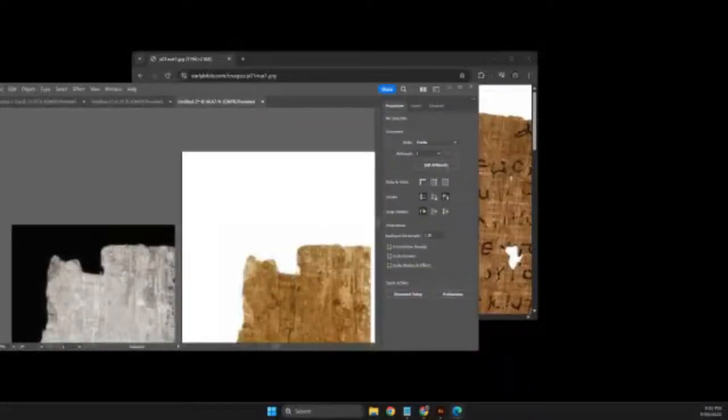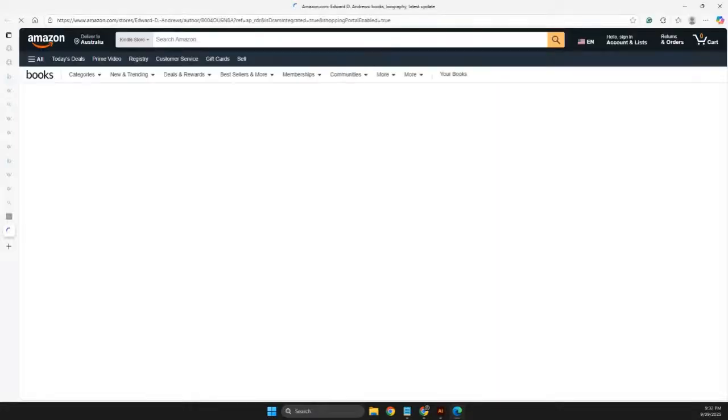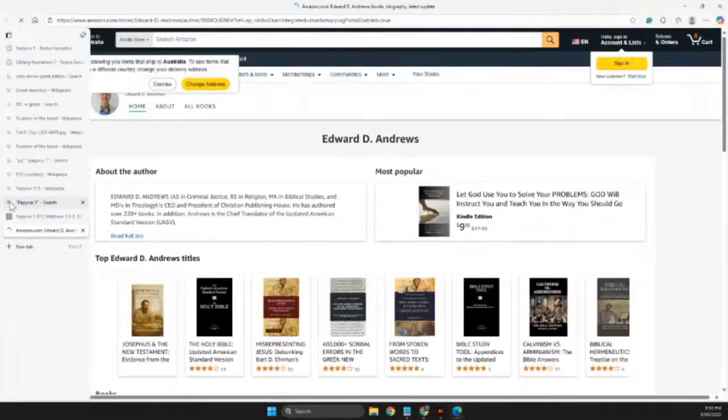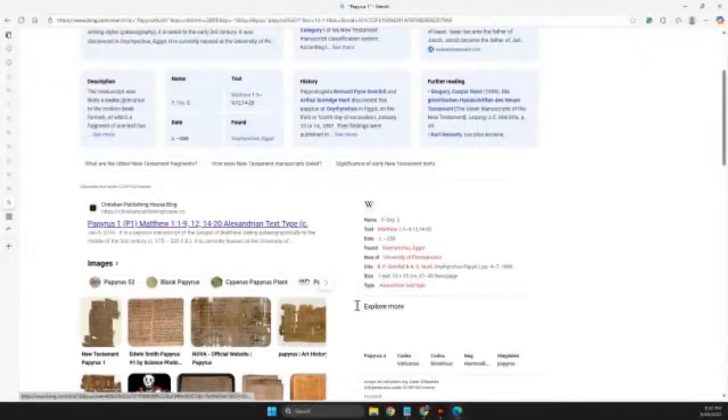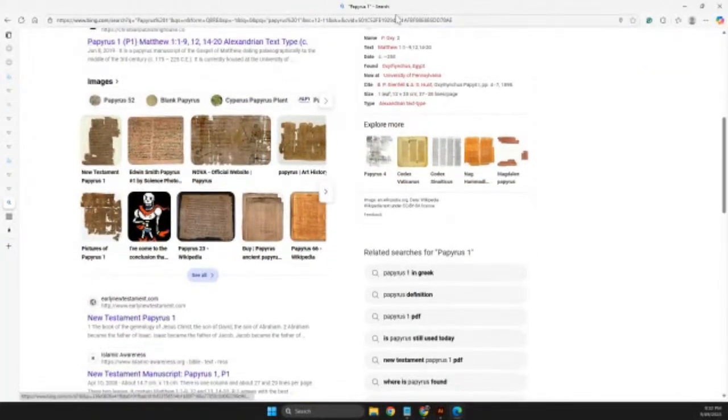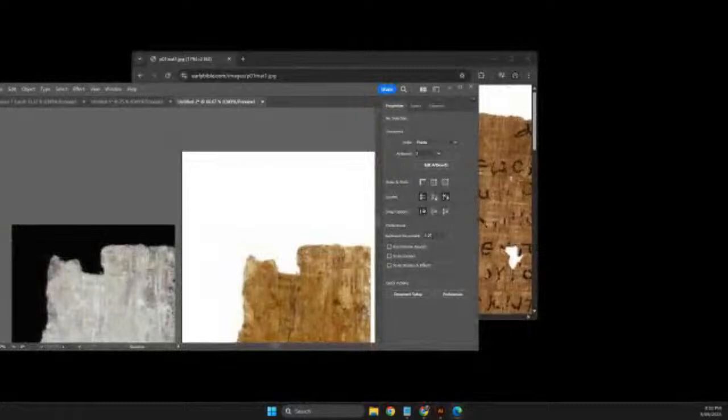I was using it for my server because it wouldn't let me save it in Chrome for some reason. Okay, history. Recently closed. Okay, here we go. All of those. Papyri 1 search. I might just go to Chrome. It's so much easier.